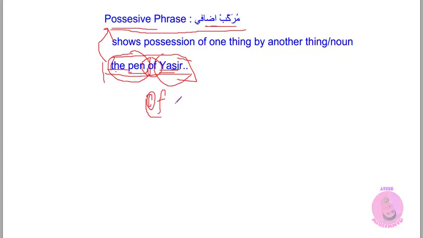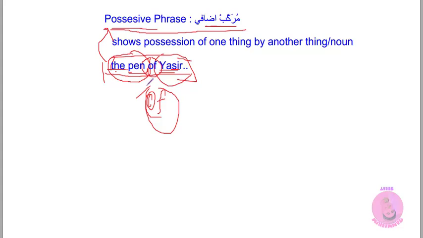Now there's no word for "of" in Arabic. That is why it's not that simple in Arabic to construct a possessive phrase. We do not use a certain word that will change everything for us. But that's also good news, because we are not going to use many words.